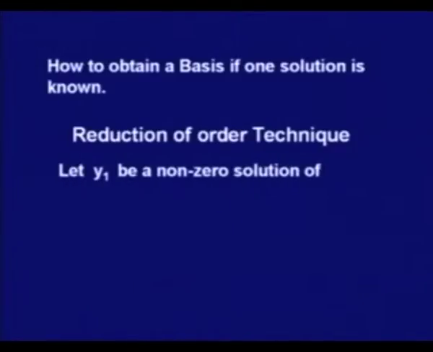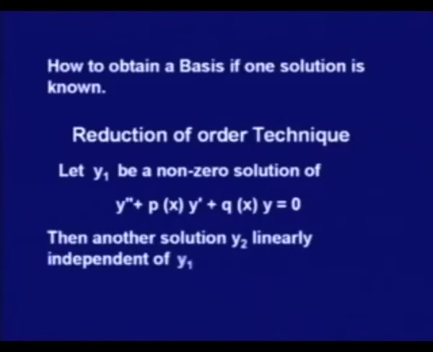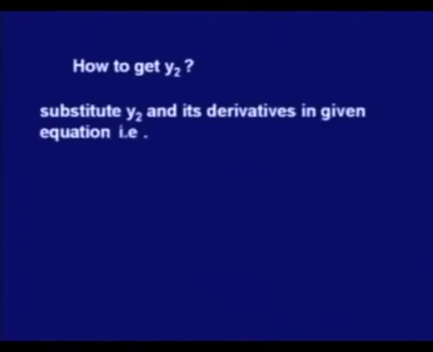Let y1 be a non-zero solution of the given equation y double dash plus p(x) y dash plus q(x) y equal to 0. Then the second solution y2, which is linearly independent of y1, can be obtained as u(x) times y1(x). Now, the question is how to get it? We simply put y2 and its derivatives in the given equation.